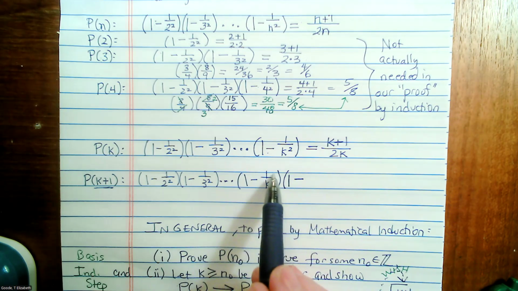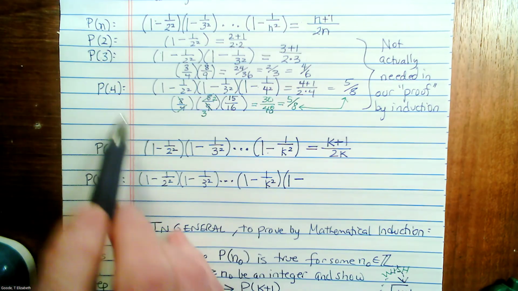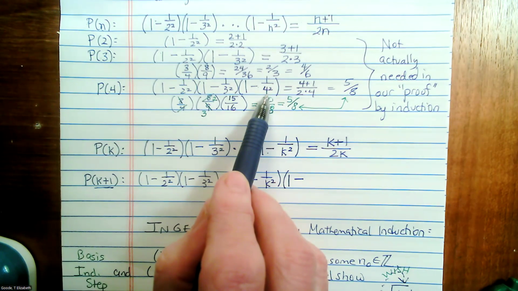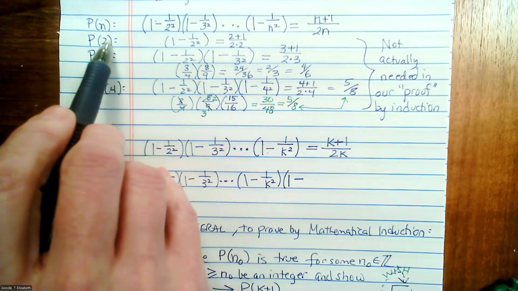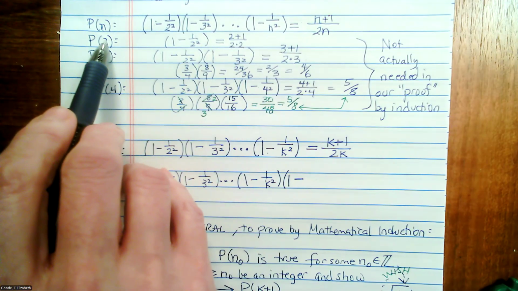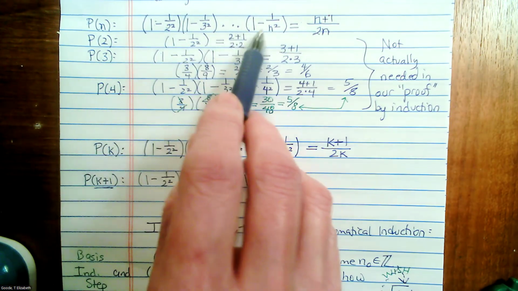But there's one more, because we're going to go all the way up to K plus 1. Just like with 4, we went all the way up to 4. With 3, we went all the way up to 3. With 2, we went quote unquote all the way up to 2, but that was just the very first factor. See what I mean?